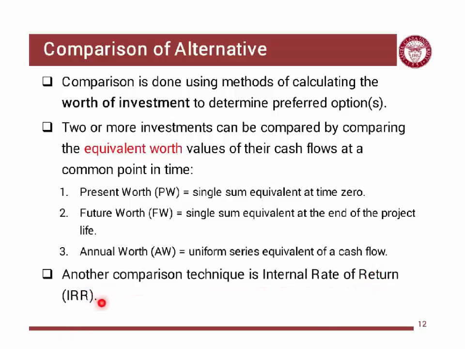It's a little advanced and has a lot of advantages over the other three methods, and we'll cover that in a different lesson. So in that lesson, we'll actually cover present worth and future worth. They are very straightforward. We'll see how we can apply them considering different lives, using the least common multiple life.